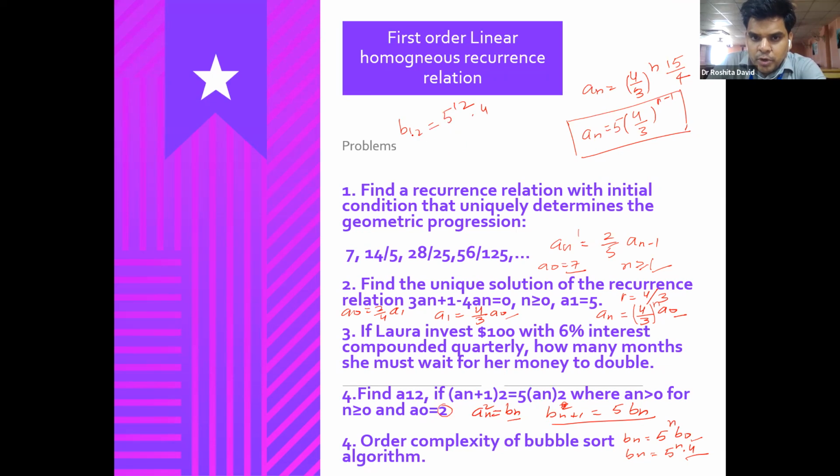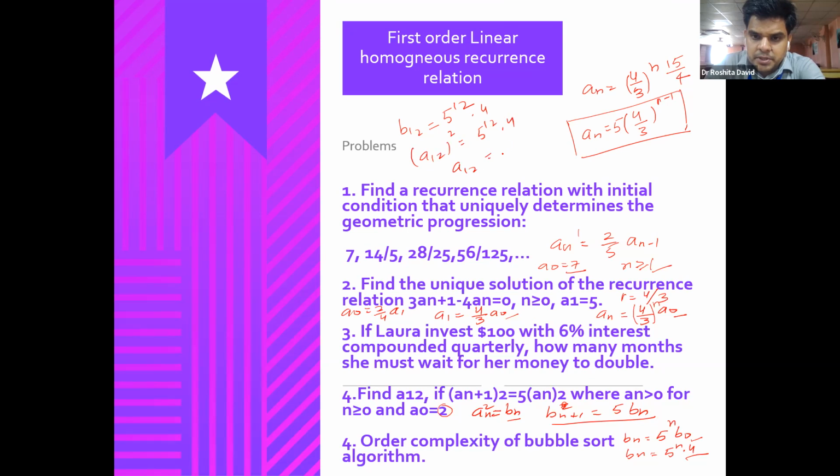To move from b to a: b(n) is a(n) squared. So a12 squared is equal to 5 to the power 12 into 4. To find a12, take the square root of this.